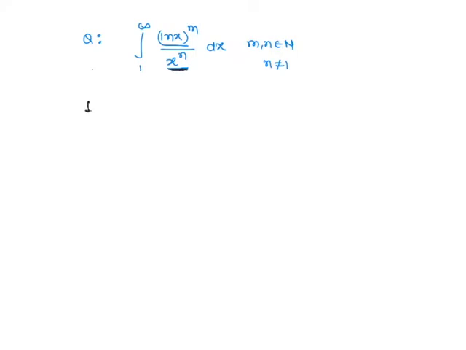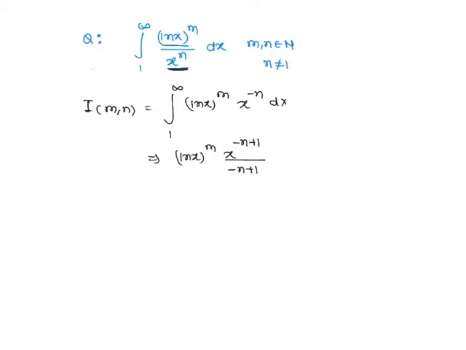So we will write I m comma n equals the integral from 1 to infinity of ln x power m and x power minus n into dx. Now we will integrate this one with respect to x. Here ln x power m is outside. Integration of x power minus n is x power minus n plus 1 divided by minus n plus 1, with limits 1 to infinity.